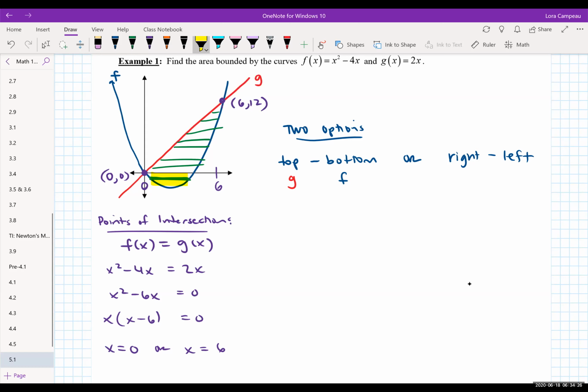At some point, we end up touching the same curve, and that will lead us to not wanting to use this option. We'd have to split it up into 2 different regions, and we can, but I don't think it's going to be useful to us. So this one kind of leads me in a sense to a dead end. No, I say. And the reason why is I'll hit the same curve.